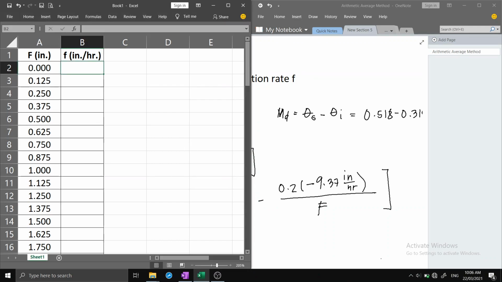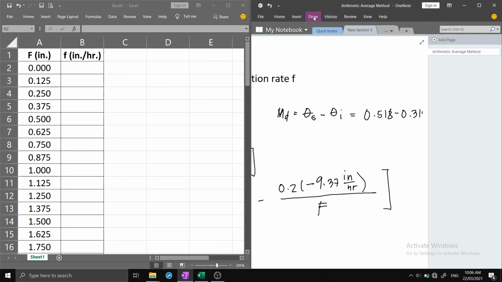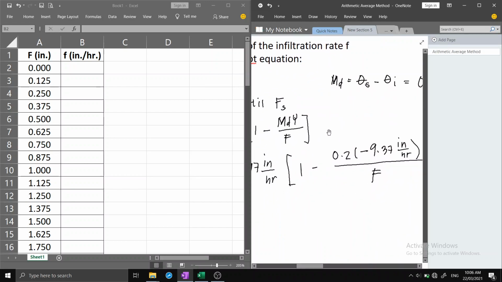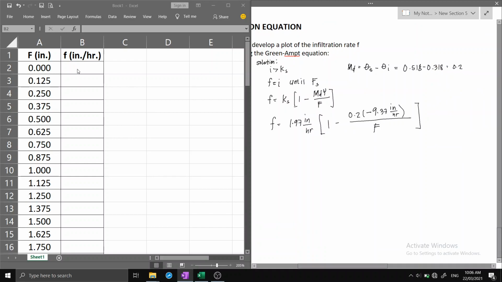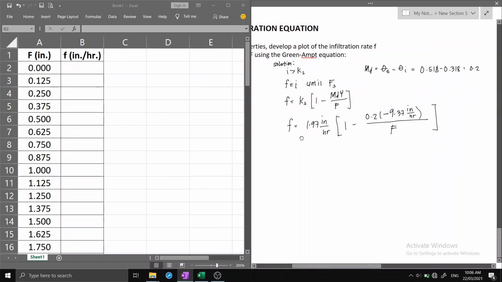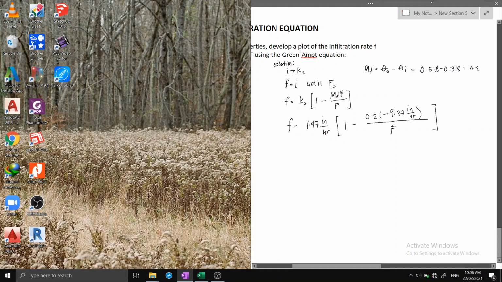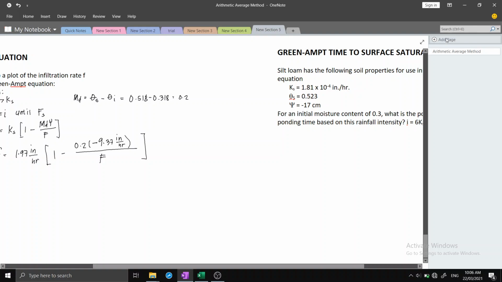Again, f is equal to I until Fs. So, before we can plot, we have to find the value of Fs.